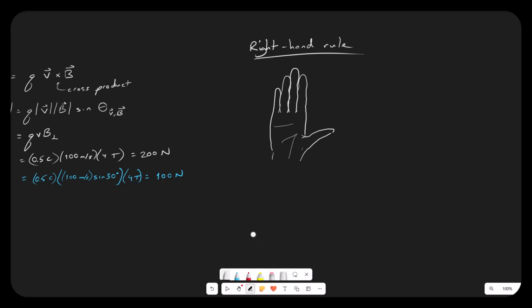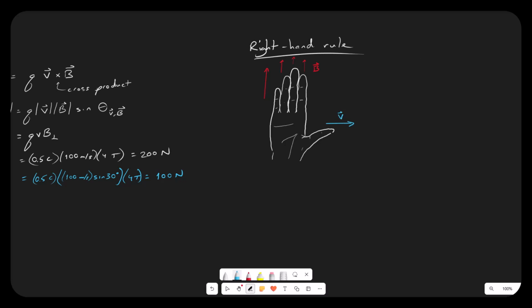If I've got the palm of my right hand, I'm going to hold my fingers in the direction of the magnetic field. That isn't too bad to remember, because you pretty much always end up drawing multiple field lines, multiple fingers. Fingers point in the direction of the magnetic field. Your thumb points in the direction of the velocity.